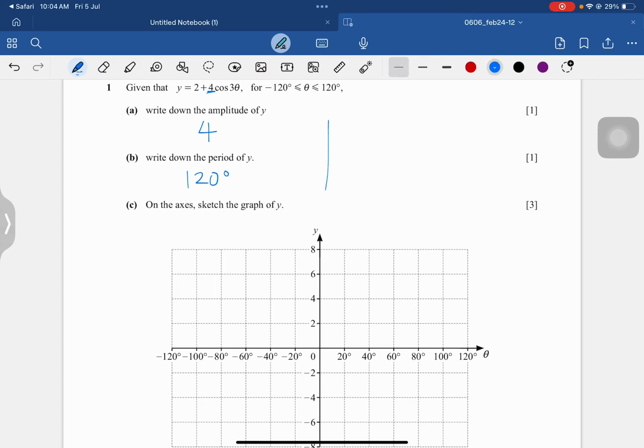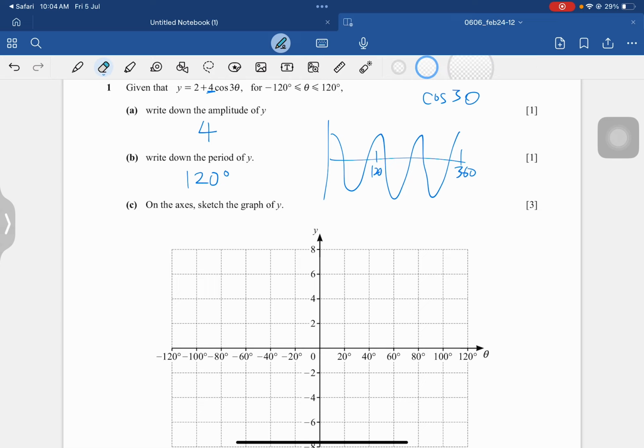And this one given is cos 3 theta. So we are expecting 3 of this until 360. 3 of this is 360, 1 will be 120. So this one is from 0 to 120. We have a full cycle here.